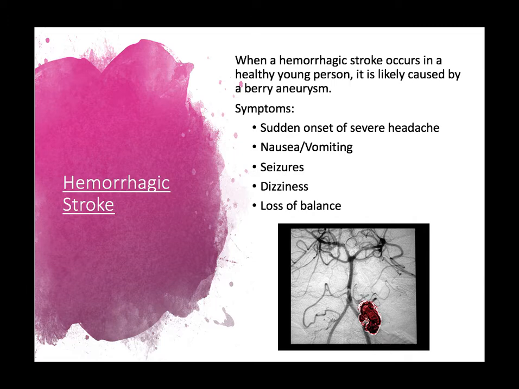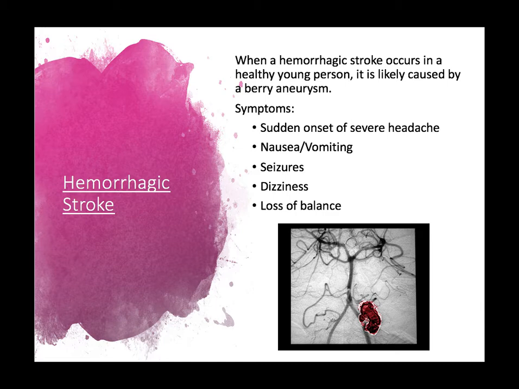So when a hemorrhagic stroke occurs in a healthy young person, it's likely caused by a berry aneurysm. So this picture is an example of a berry aneurysm. It looks like a sac or a berry, and it's going to happen at that bifurcation or the Y segments of an artery. Why?